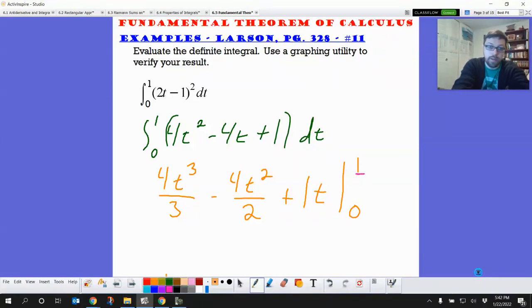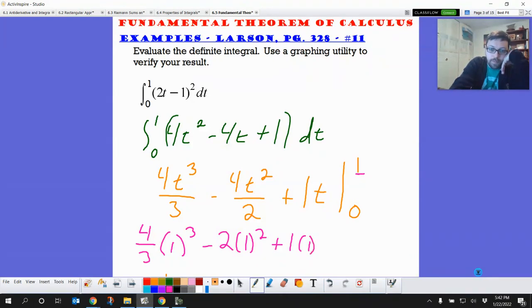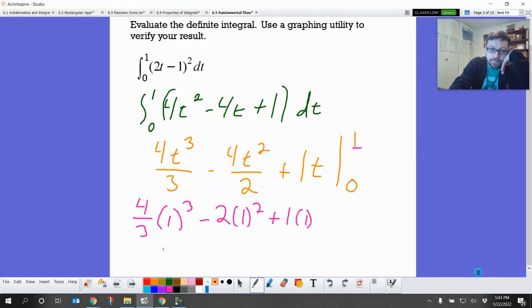So first we do the 1. We do the top minus the bottom. So that's 4/3 times 1 cubed, minus 4 divided by 2, which is just 2, times 1 squared, plus 1 times 1. And then we subtract what happens when we put in 0.